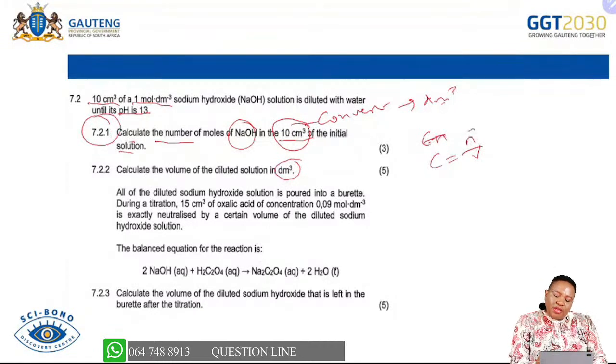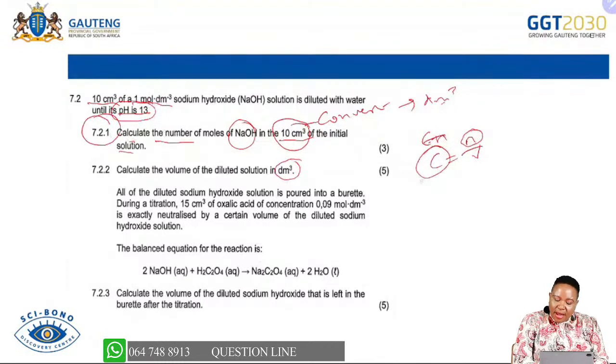In question 7.2.1, we are going to find the number of moles. We can also try and find the concentration of sodium hydroxide. And because we are given the pH of sodium hydroxide, we can use the formula pH is equal to minus log the concentration of H3O plus. And then after doing that, we can also find the pOH.